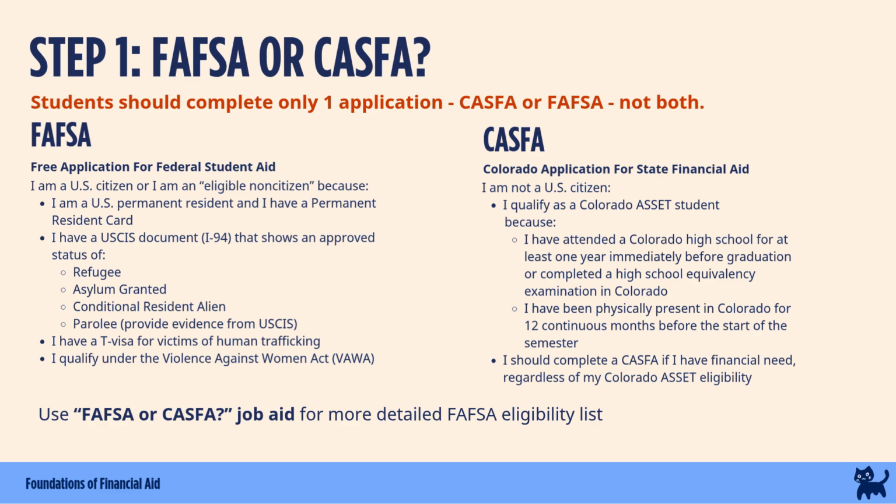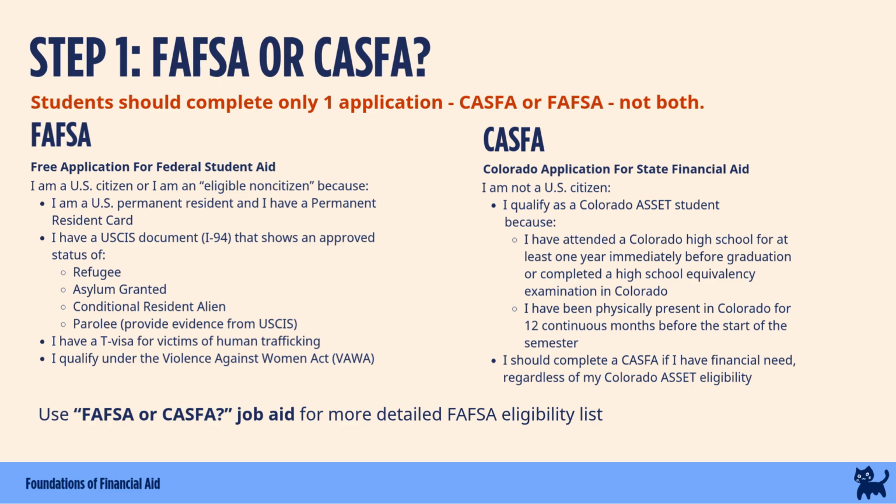So for the FAFSA, in general, it is an application for students who are either U.S. citizens or eligible non-citizens. Eligible non-citizens include U.S. permanent residents, that means what we often refer to as a green card holder, or certain other immigration statuses, including refugee and asylum granted.